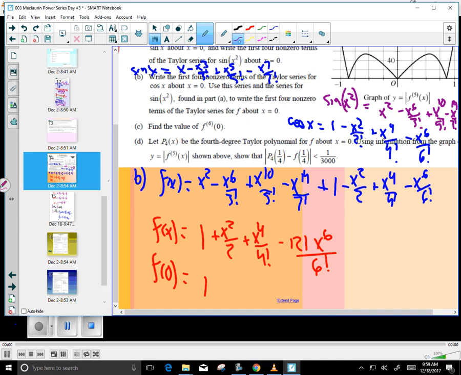Let me show you the formula right above here. F of x is f of 0 plus f prime of 0 x, plus f double prime of 0 x squared over 2 factorial, all the way to f6 derivative of 0 times x to the 6th over 6 factorial.